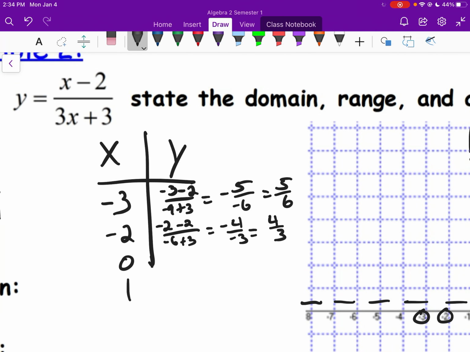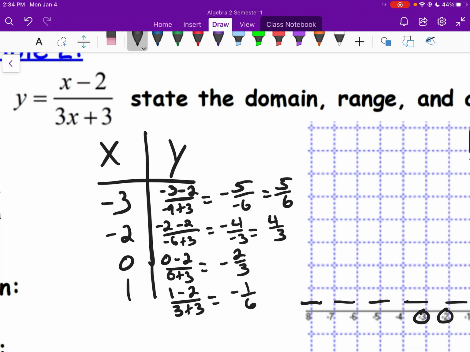Okay, as for 0, that's saying 0 minus 2 over 0 plus 3, which is negative 2/3. And finally 1 minus 2 over 3 plus 3, which will be negative 1 over 6.